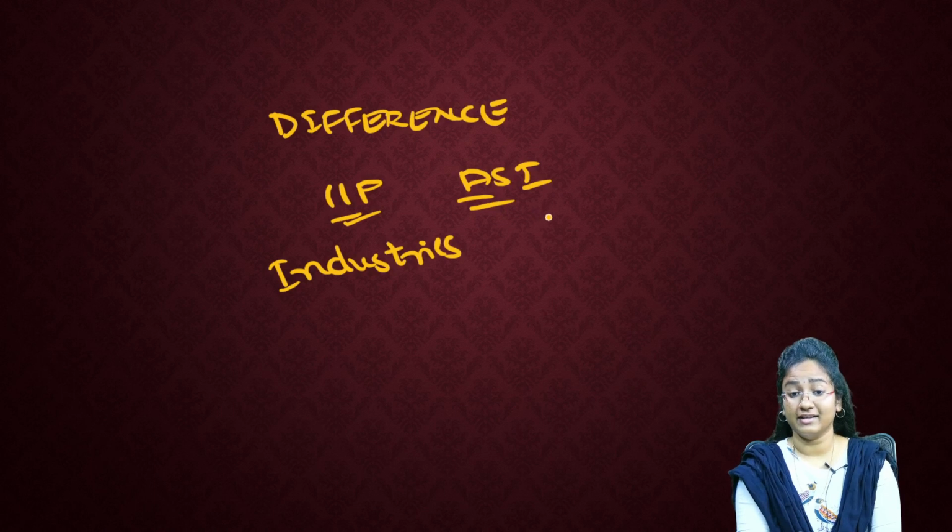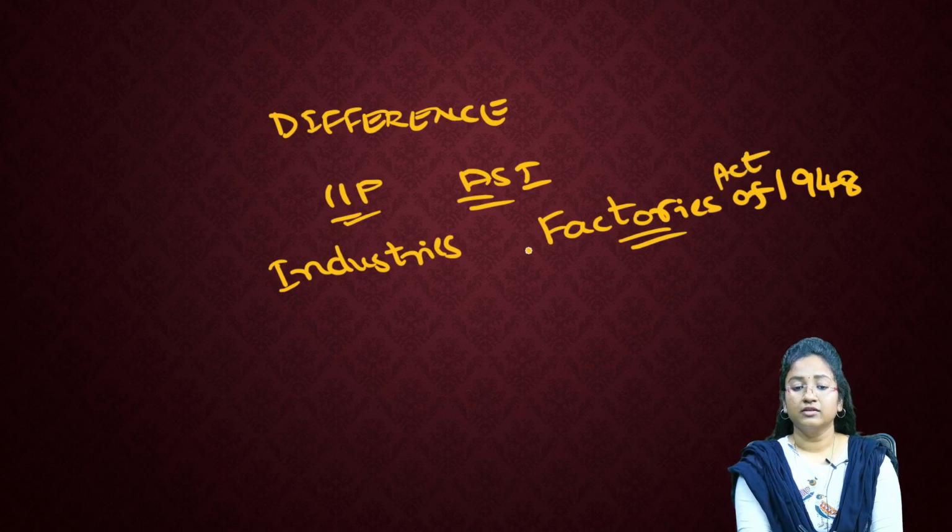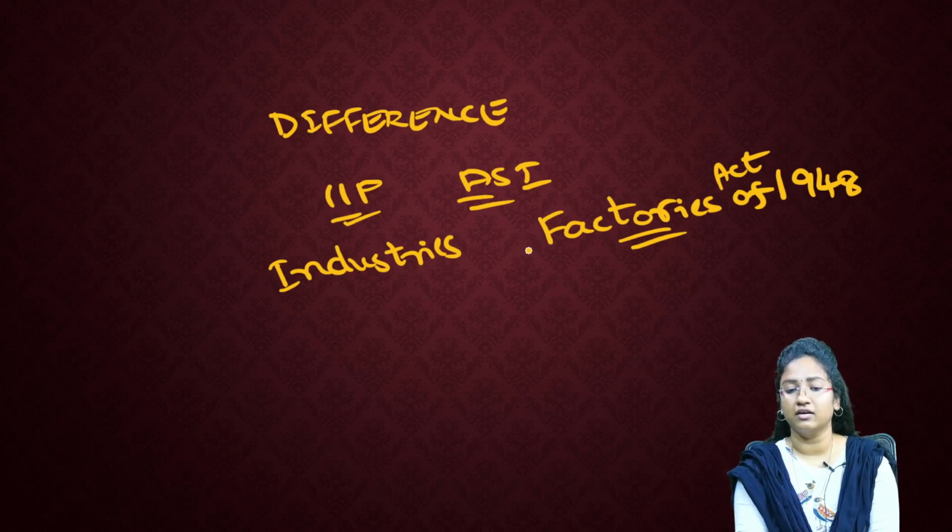And if you look at the ASI, this is according to the Factories Act of 1948. So for IIP, this will consider the industries from the beginning of the period, and for ASI, Annual Survey of Industries, it would consider the Factories Act of 1948, whatever factories were established, for those the data would be considered.